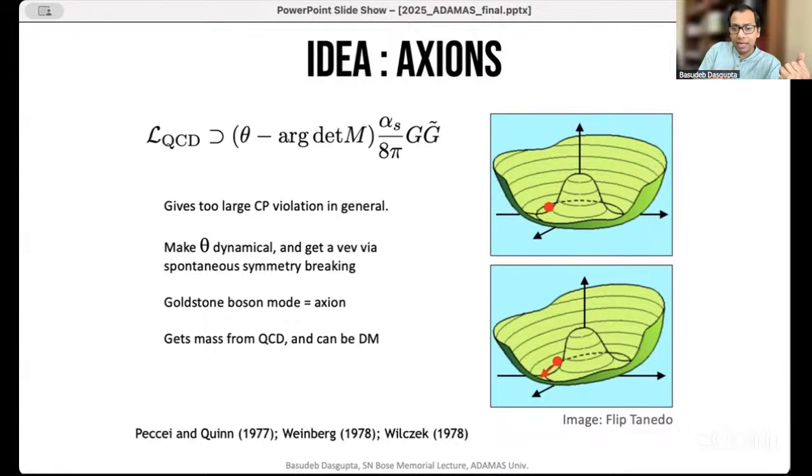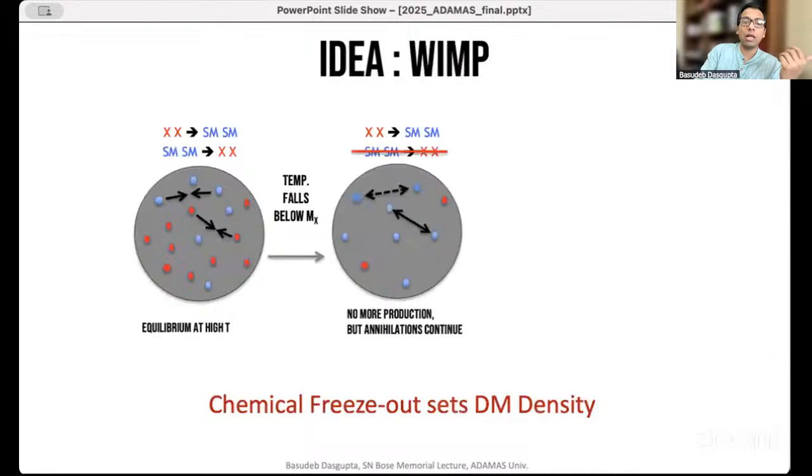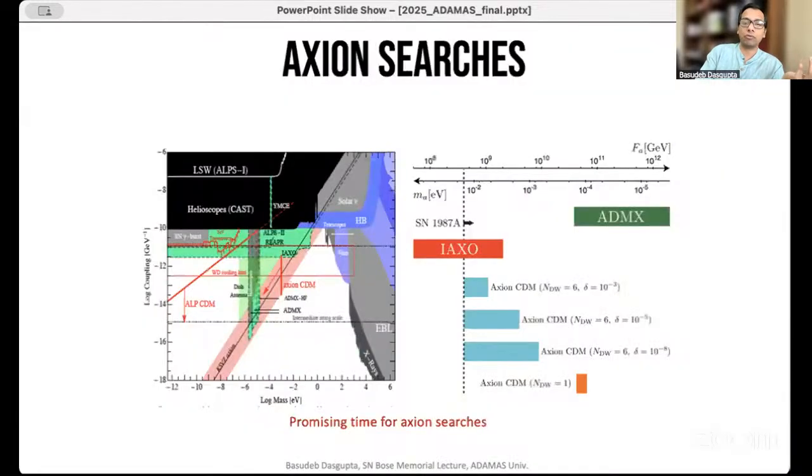But then the prediction is that if this field is at the bottom at 0, it can oscillate around the bottom, and these oscillations are the axions. These oscillations correspond to a mass that is typically very small, much smaller than an electron volt. In fact, what I'm showing here is that these masses are in the micro to milli electron volt range.